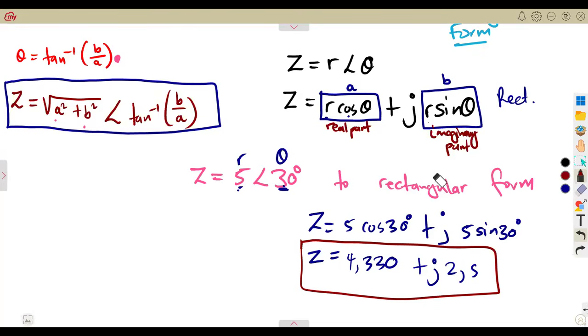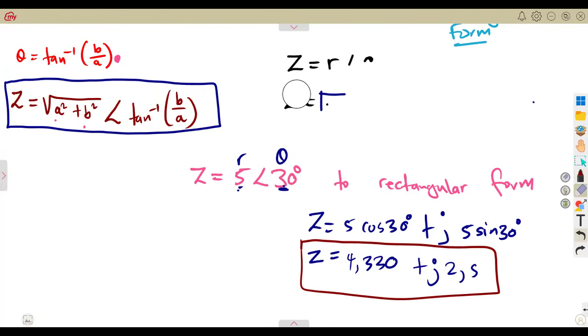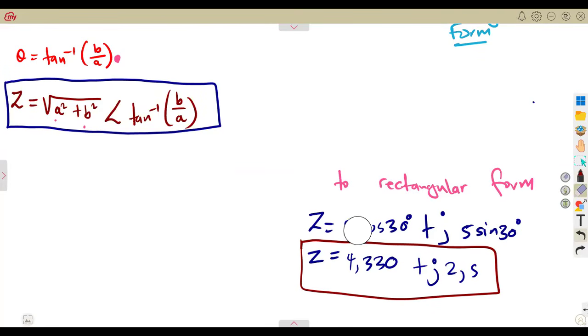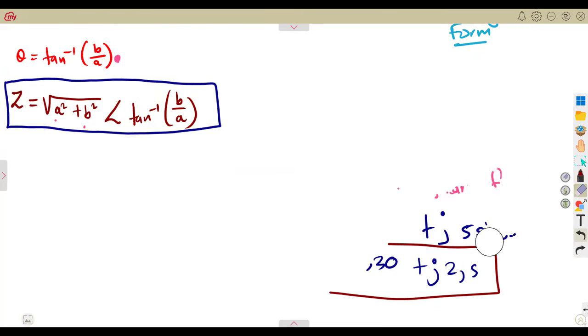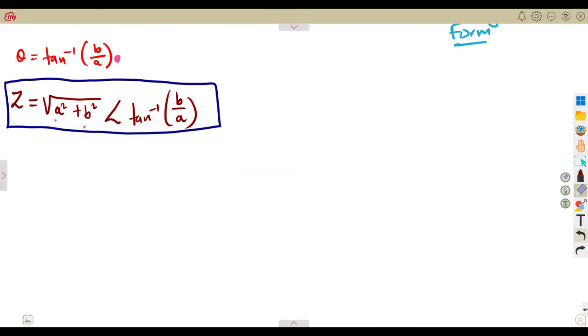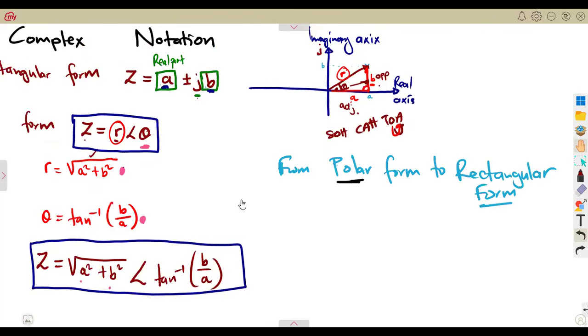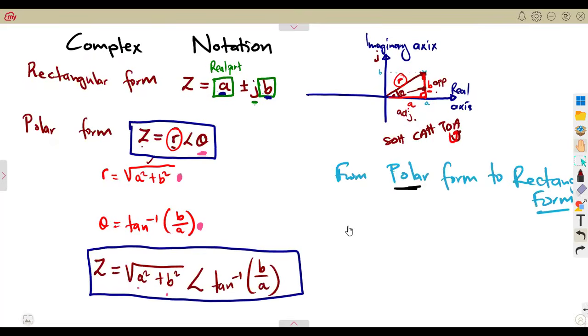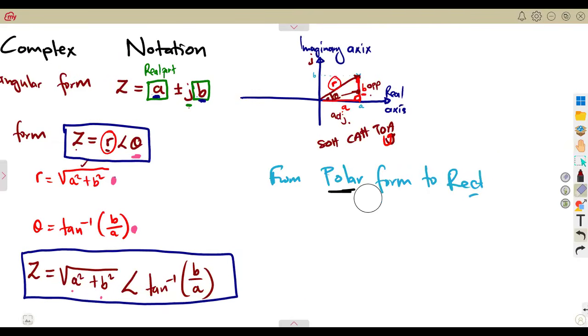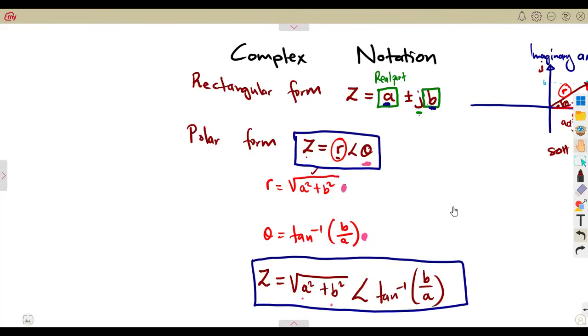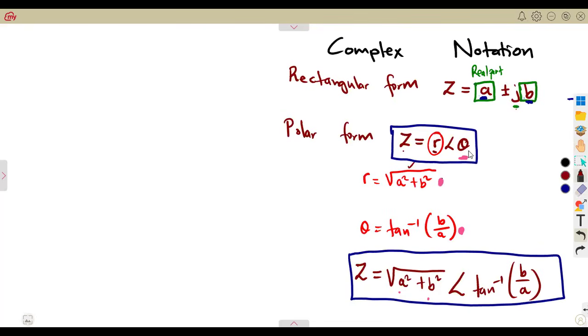So the question is, where exactly is it important for us to apply the rectangular form, and where exactly is it important for us to use the polar form? All right. As long as you are working with addition and subtraction, you're going to see that the rectangular form is important to use.